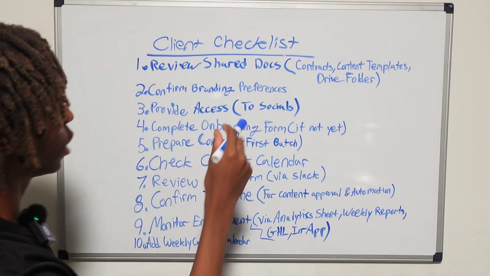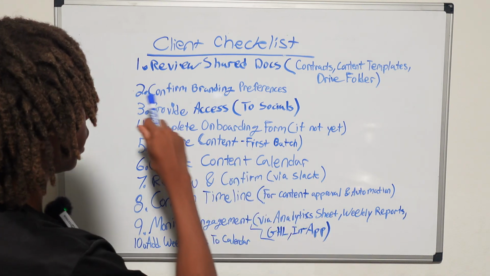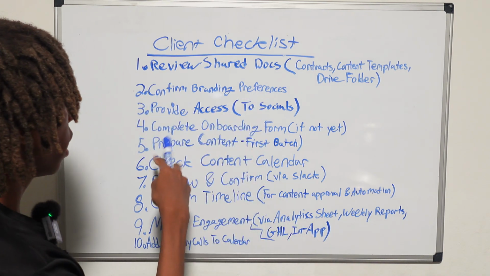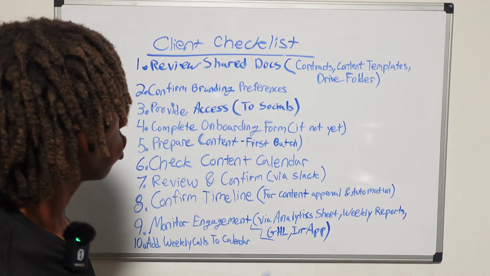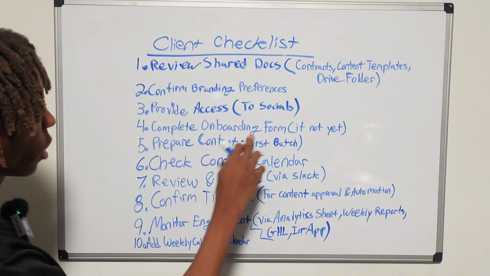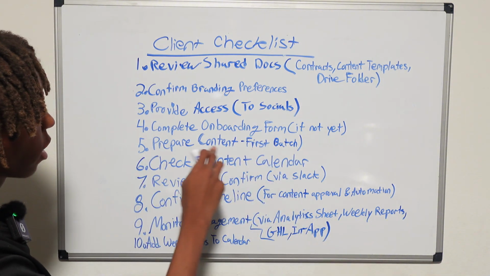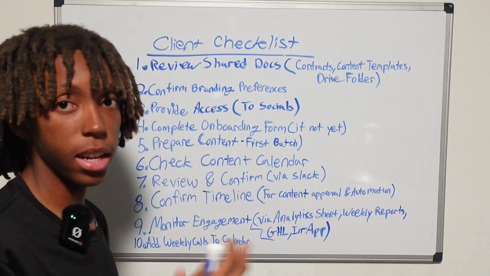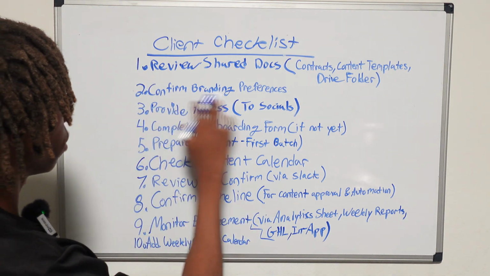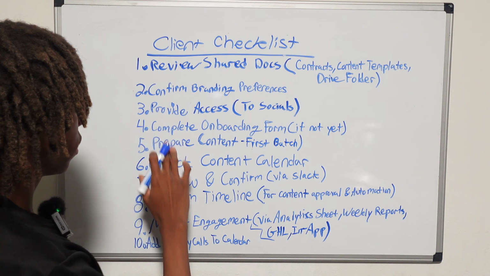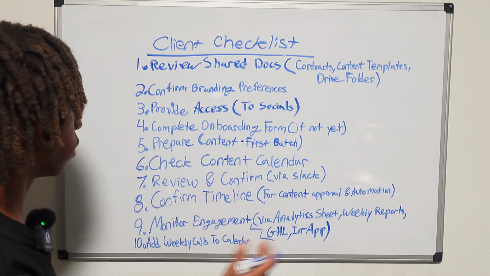I mean, the editing's already part of the bundle, but I just want them to confirm their preferences with that. I want them to provide access to the socials that we're gonna be helping them scale or helping them with. Complete the onboarding form if they haven't done it already. Prepare content, the first batch, if they're going to be sending us content for us to edit or whatever, similar to the confirming, but we're going to be actually preparing content for them, so editing all that stuff.